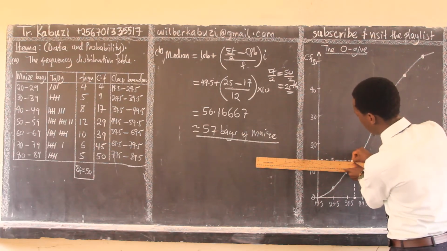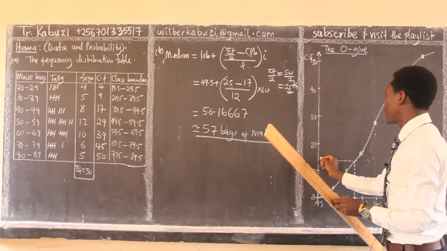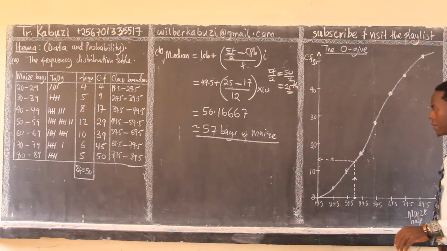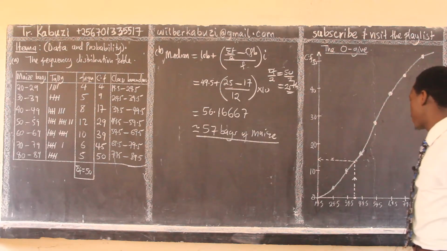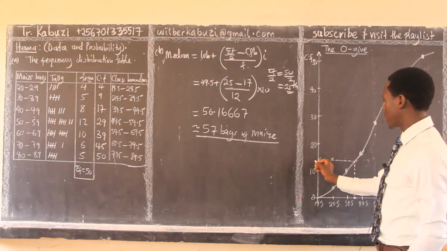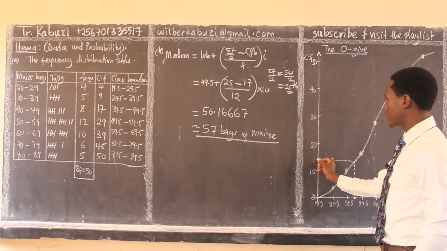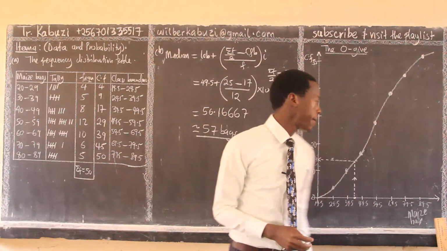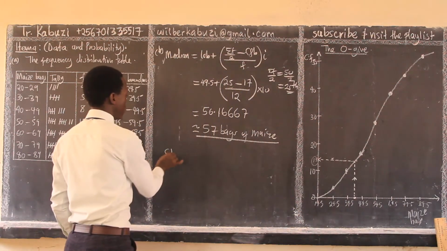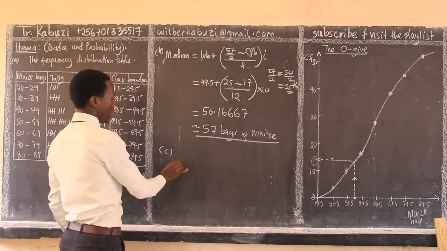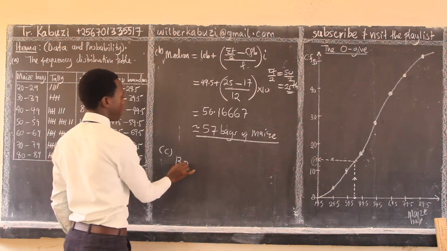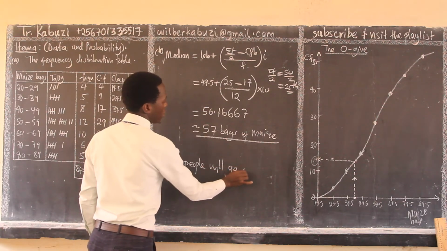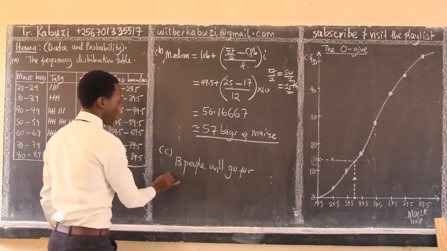Remember, always the number is here. So I'm reading off that value there. The correct value is going to be around here. So this is 15, probably this will be 13. So meaning when I come to part C, for the number of people that I have for the training, you say 13 people will go for retraining.